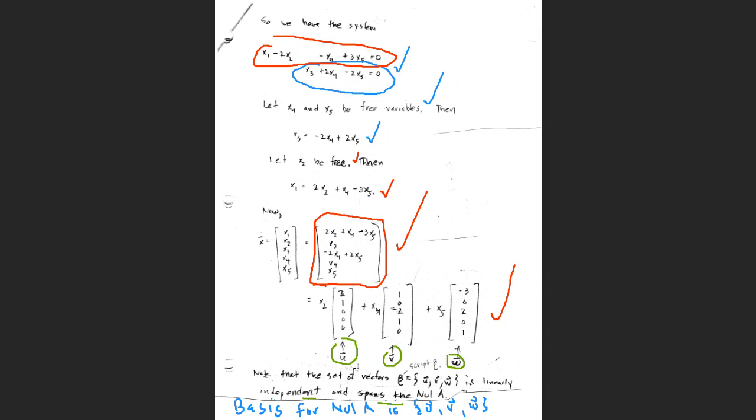Those three vectors generate the null space of A. And notice those three vectors, u, v, and w, all live in five-dimensional space.